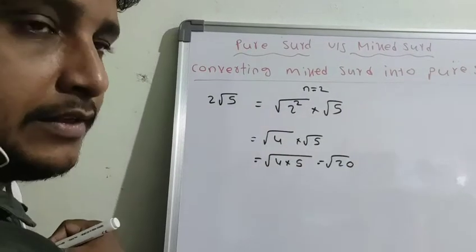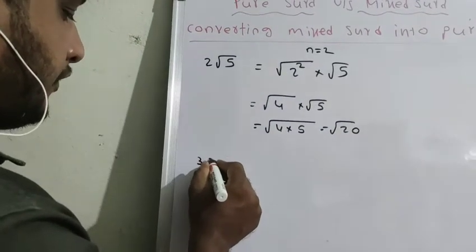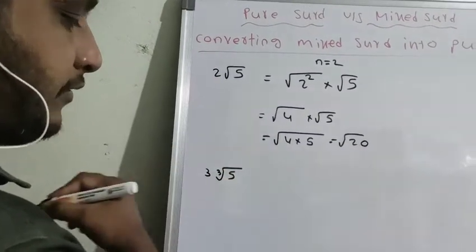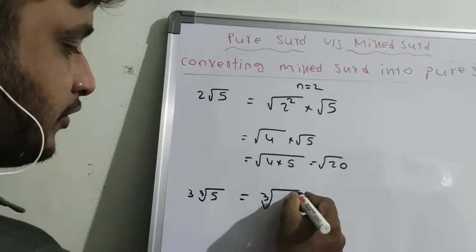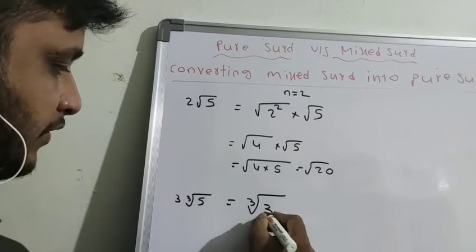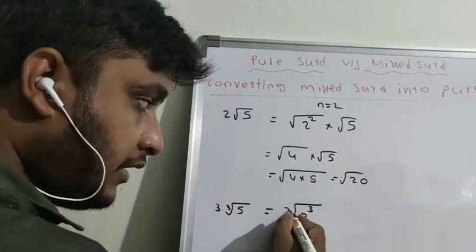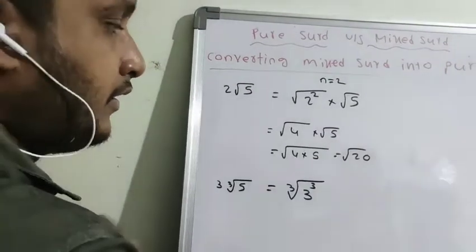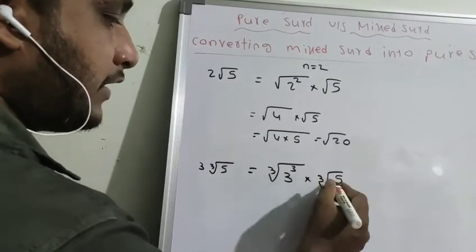Okay. Say for example, 3 into cube root of 5 is there. Now what I have to do, this is a cube root. Whenever we are taking a cube root, we have to take 3 power 3, because whatever the order, the same power you have to take, into cube root of 5 as it is. Now the order is the same, we can do multiplication.